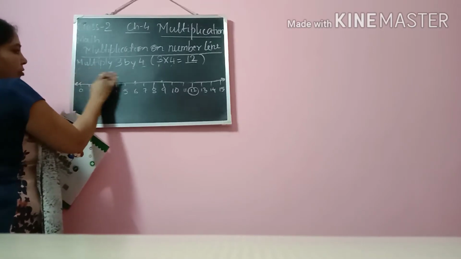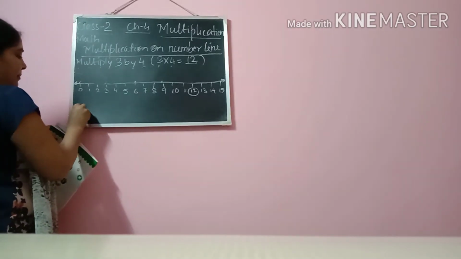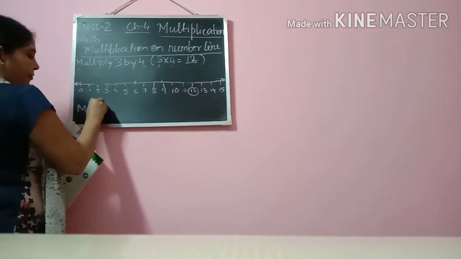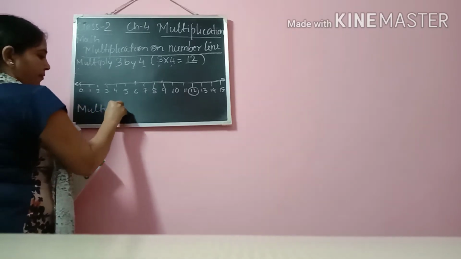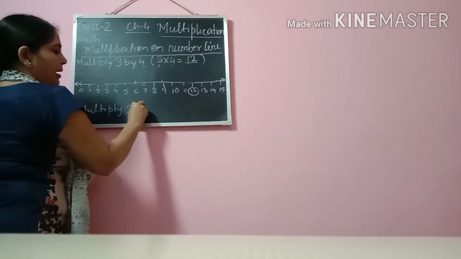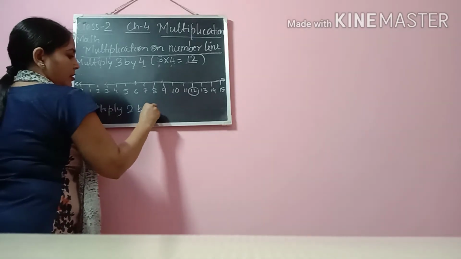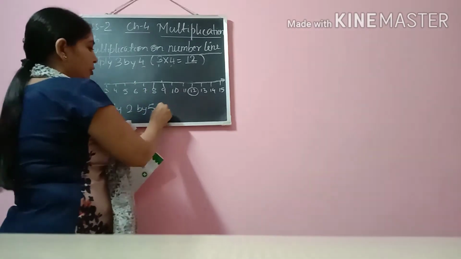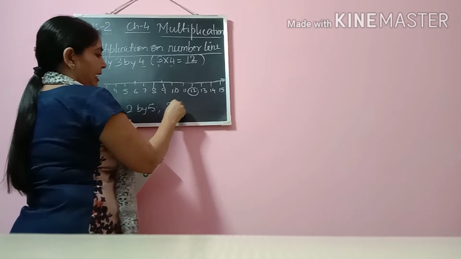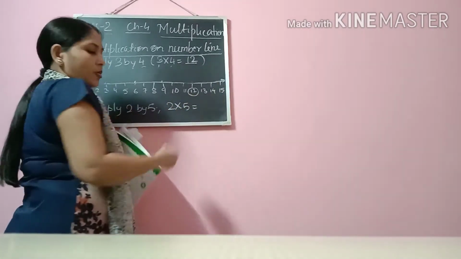Let me write it down, it will be better. Multiply 2 by 5, and we can also write it like this: 2 multiplied by 5 equals how much?